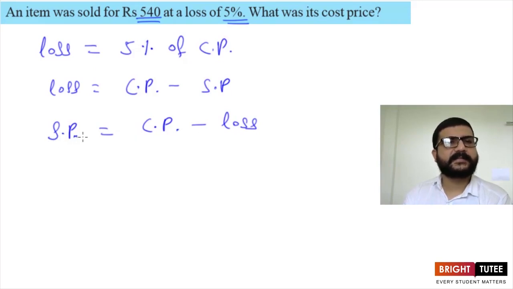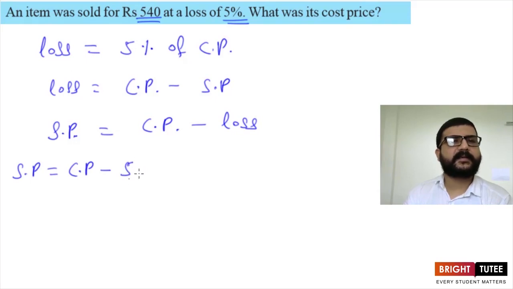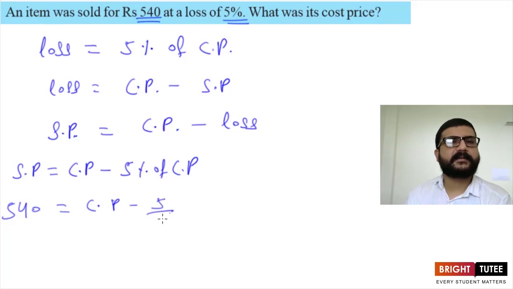So this gives us SP is equal to CP minus loss and loss is 5% of CP. So SP is equal to CP minus 5% of CP. Now SP is already given to us, it is 540. So it means we will have 540 is equal to CP minus 5 upon 100 into CP.